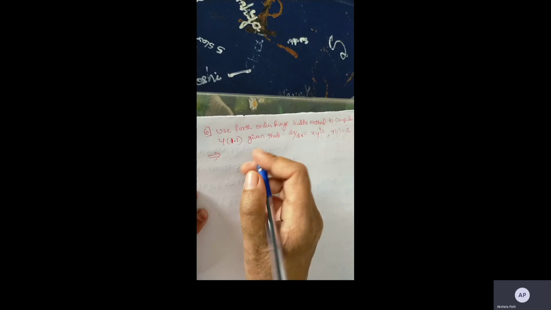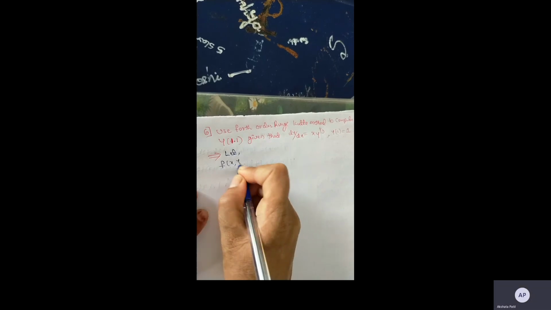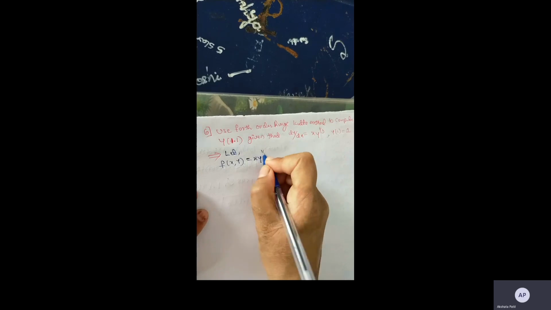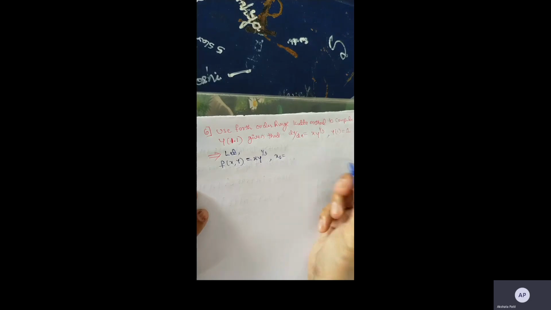So write it down. Let the function of x comma y equal x into y raised to 1 by 3. Initial conditions: x0 value is 1, y0 is also 1, and h they have not given, which we need to calculate. So x1 equals x naught plus h.